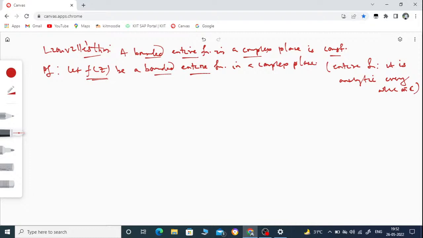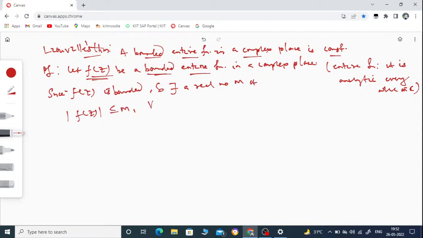Okay, so it is saying that it is bounded. So I can write, since f of z is bounded, there exists a real number M such that modulus of f of z is less than or equal to M for all z belonging to the complex plane.